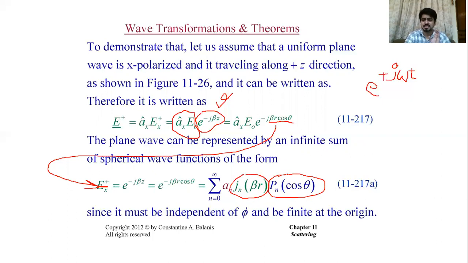We did a similar thing when we discussed scattering from cylindrical structures, where we represented that as an infinite summation of Bessel functions. Here we have an infinite summation of the spherical Bessel function of the first kind, along with the Legendre polynomial. We still don't know the unknown coefficient a_n, right?